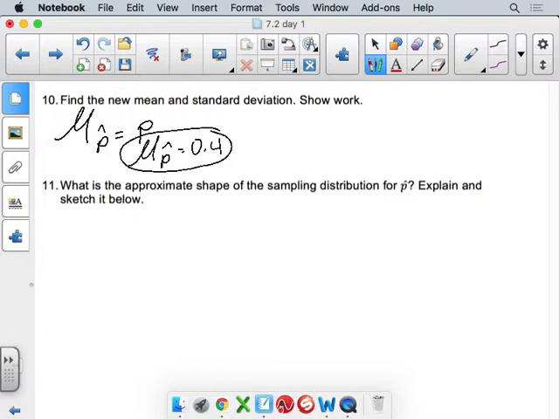And then, like with anything, there's standard deviation, there's some spread. You don't get the same answer every time. There's variability. The formula says to take the square root of p times 1 minus p, divided by n.